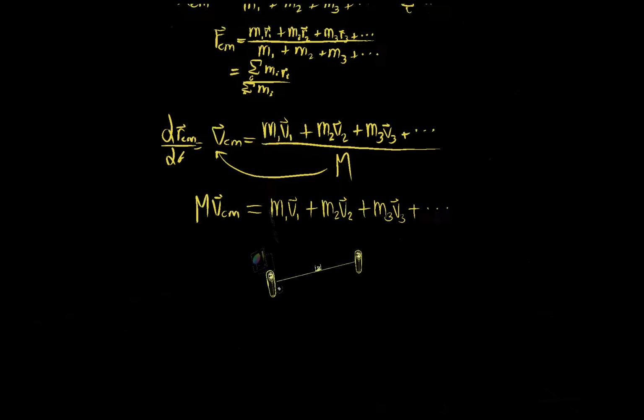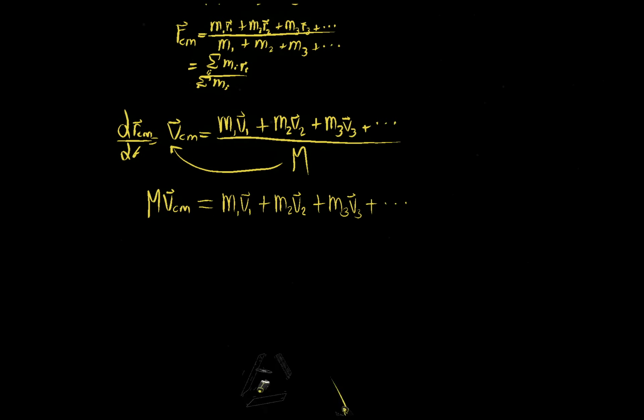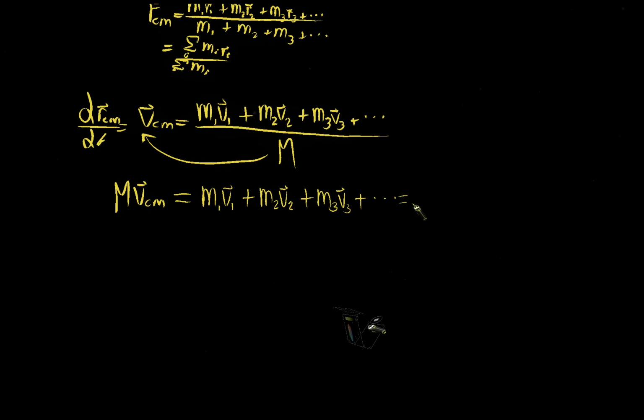What are these quantities? M times V, mass times velocity. Well, that is just momentum. And since we're including the entire system, that's what the dot dot dot is for, then we're left with this being just the total momentum of the system.